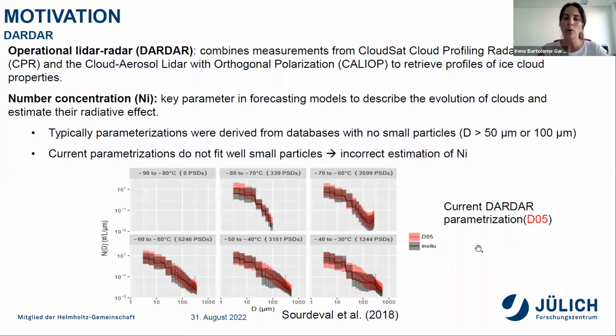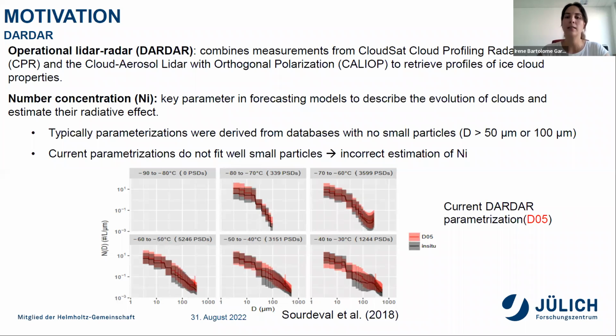One of the main things we can see is that between 20 and 100 microns for warmer temperatures, there's an overestimation by a factor of 2 to 3. This could be because parametrizations until now have typically been obtained using databases that didn't include particles smaller than 50 or 100 microns.